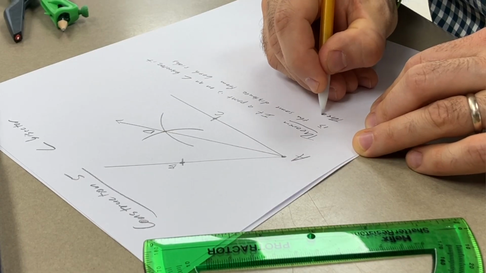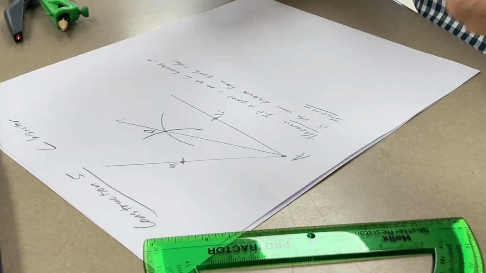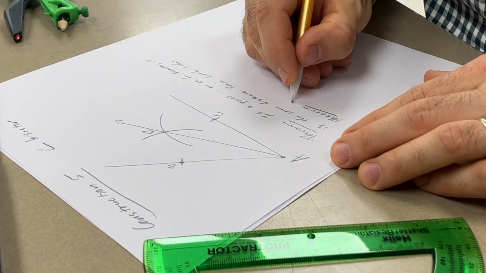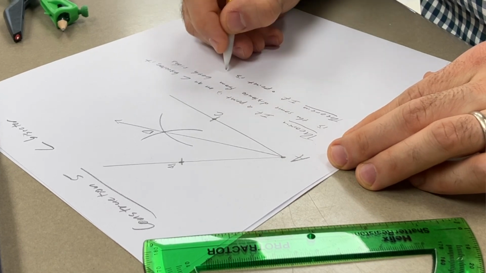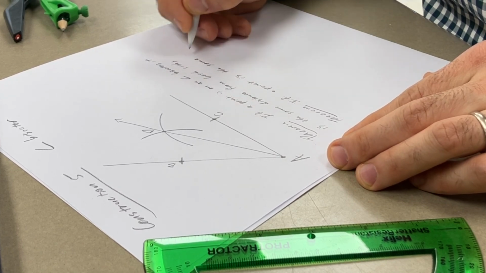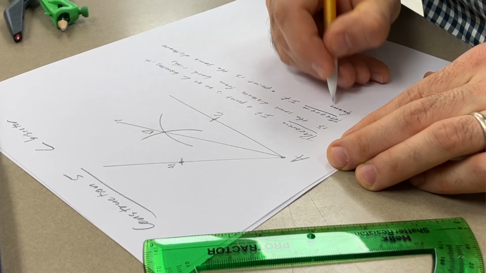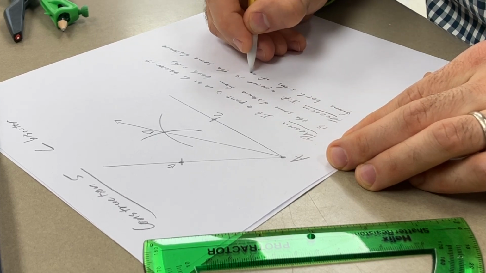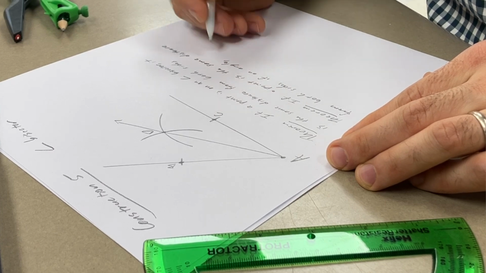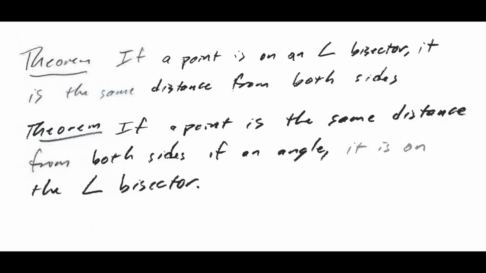And then again, you flip this around and you get the same point, but just flipped, because it also proves the other way that if a point is the same distance from both sides of an angle, it is on the angle bisector.